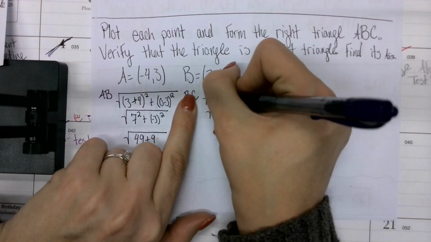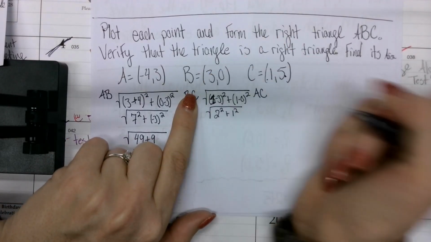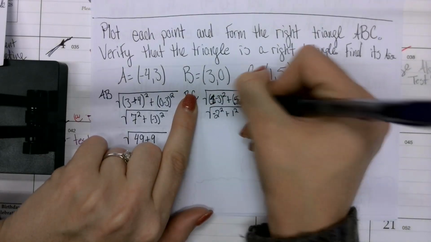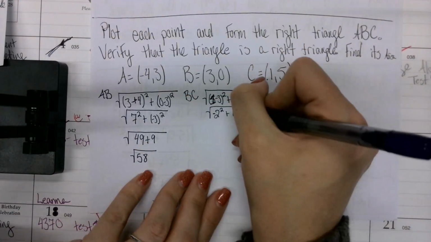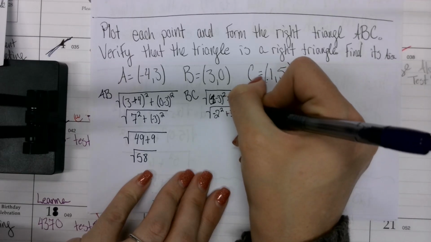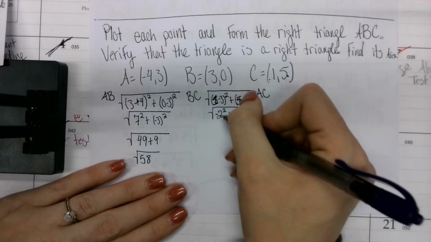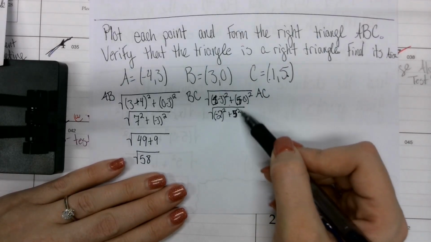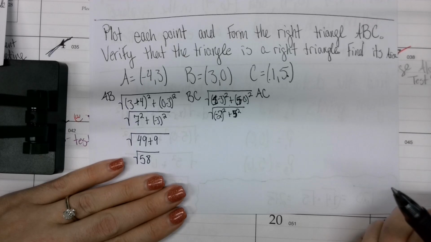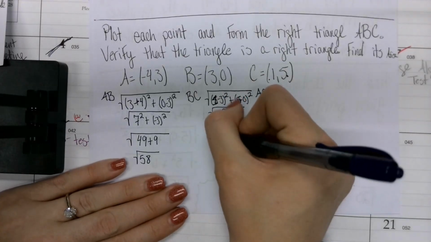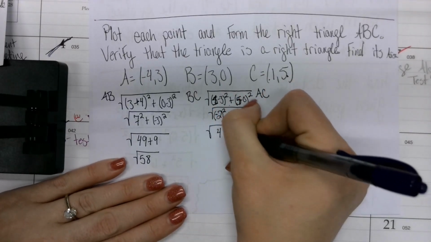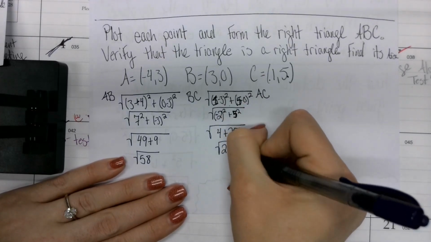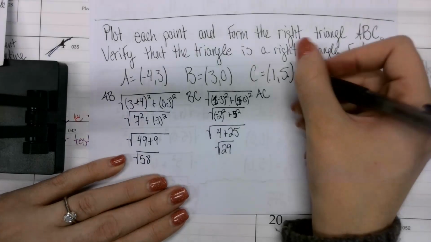So this is 1 subtract 3, which is still going to be negative 2, so that's nice there. But this one's going to change because 5 subtract 0. I hope y'all don't care that I'm not starting a new video on this. So double check. 1 subtract 3 is negative 2, and 5 subtract 0 is 5. Okay, so negative 2 squared would be 4 plus 5 squared is 25, so this one would be the square root of 29.